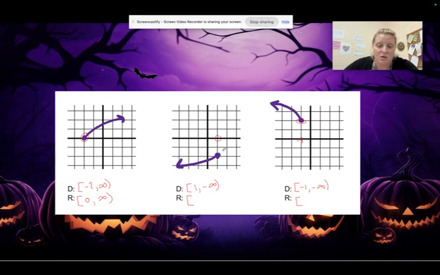For this one, your lowest point is right here at -2, but you see how the arrow goes downwards? It goes down forever. For the last one, your lowest height is 2, but it goes up forever, so back to positive infinity.